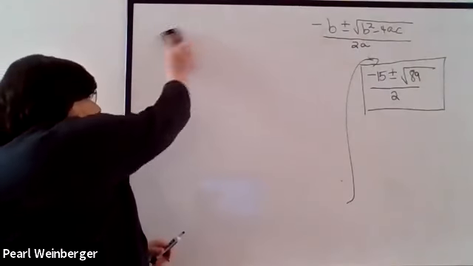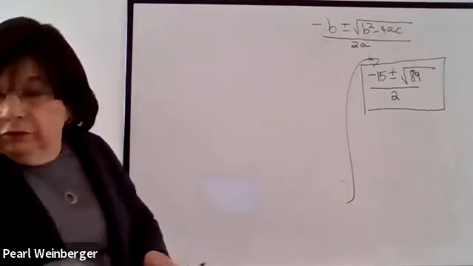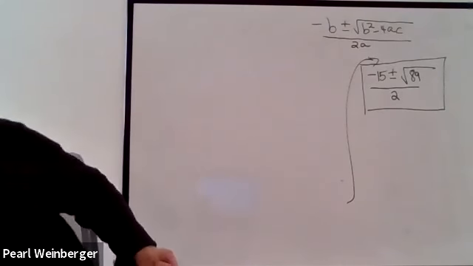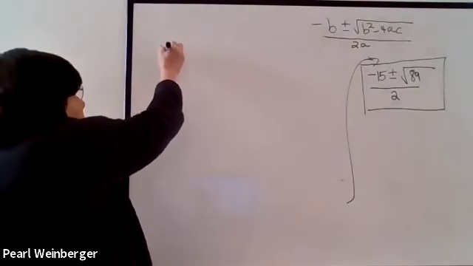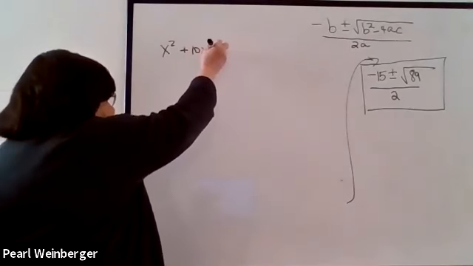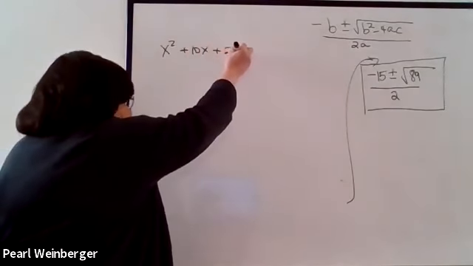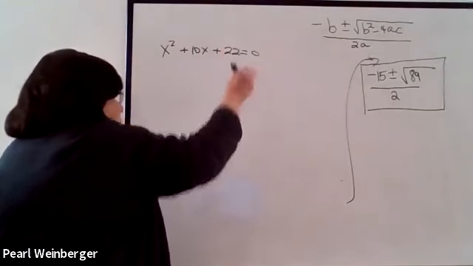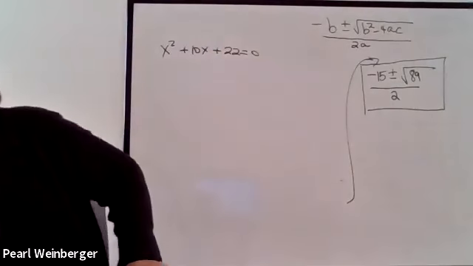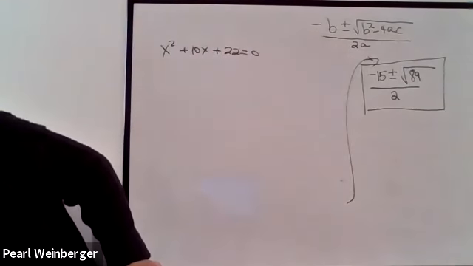So that original problem that I had given you was x squared plus 10x plus 22 equals 0. And the answers that we had gotten, let me just put the answer.